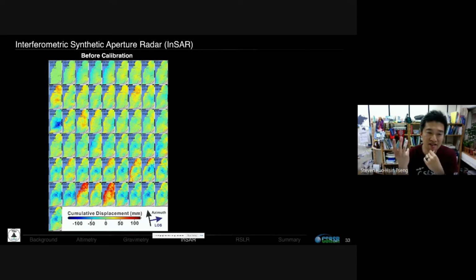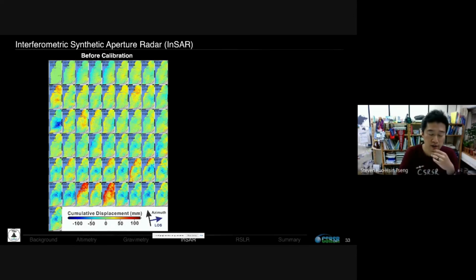So it cannot detect or exactly know which part is sinking and which part is uplifting. What InSAR can tell you is the relative motion to the mean surface. So, of course, if there is a change, then when you take out the mean, half of them is positive, half of them is negative.